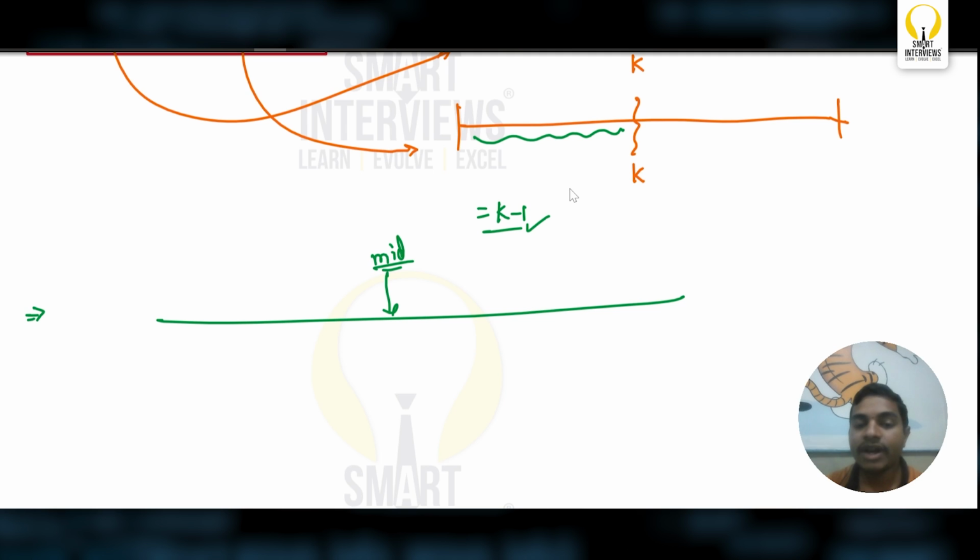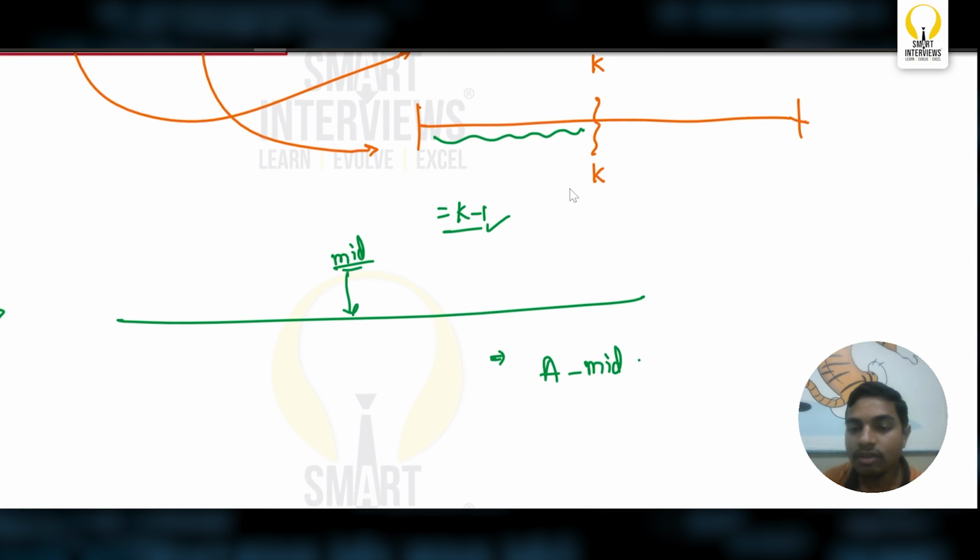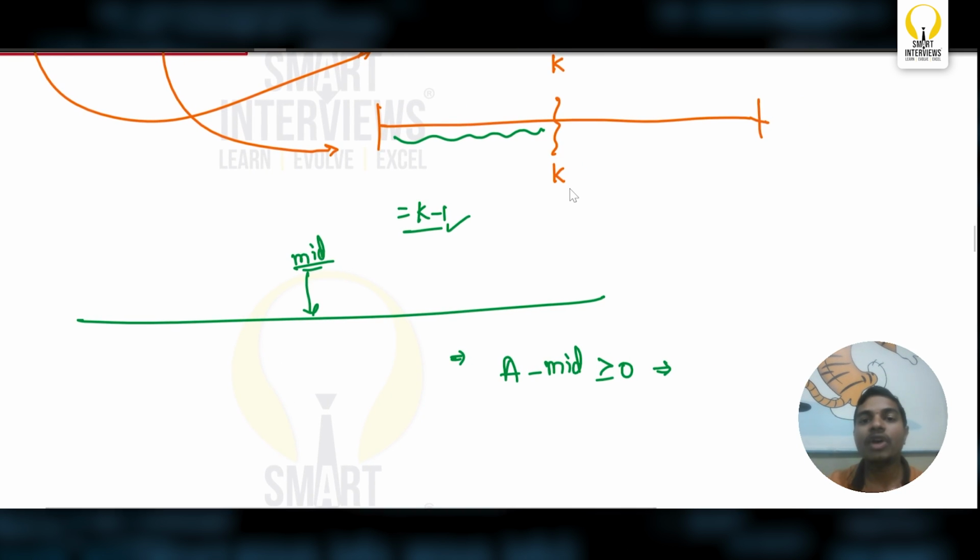So obviously you're going to find some mid, and if a minus mid is greater or equal to 0, then the number of elements which will be on the left of this number is going to be something like m minus a by b plus one.